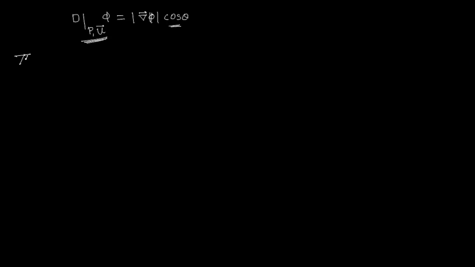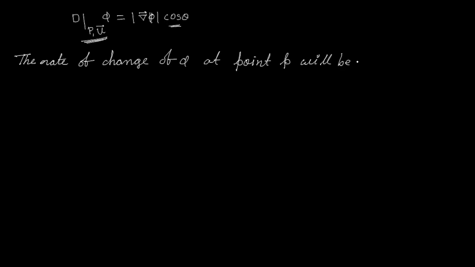So the rate of change of phi at point P will be maximum when cos theta equals 1, that means theta equals 0.